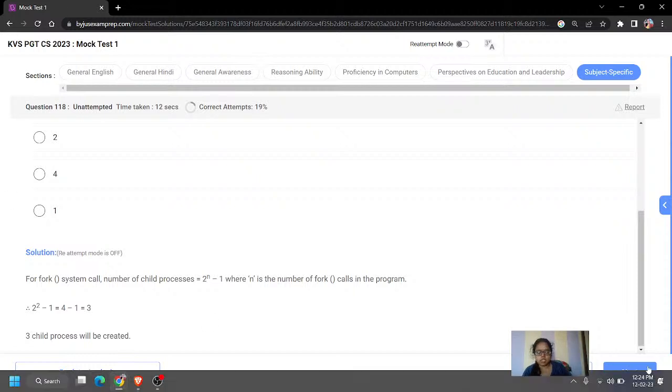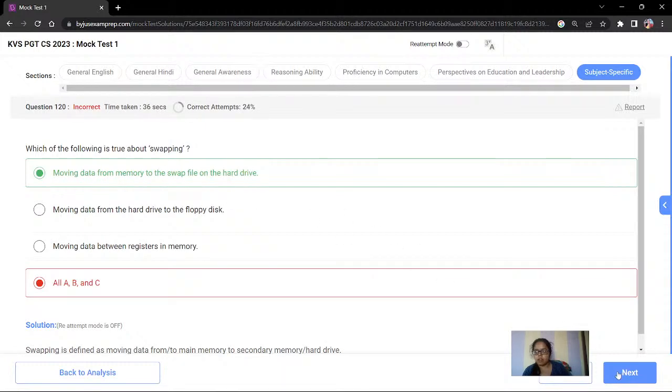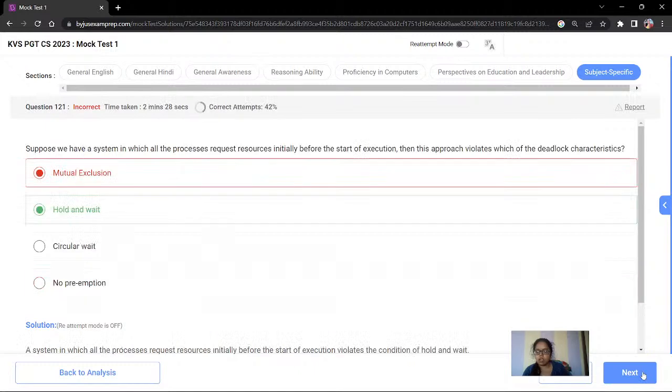Next, which of the following solves the priority inversion problem? A priority inheritance protocol. Which of the following is true about swapping? Swapping is moving data from memory to the swap space on the hard drive. Next, suppose we have a system in which all processes request resources initially before the start of the execution.